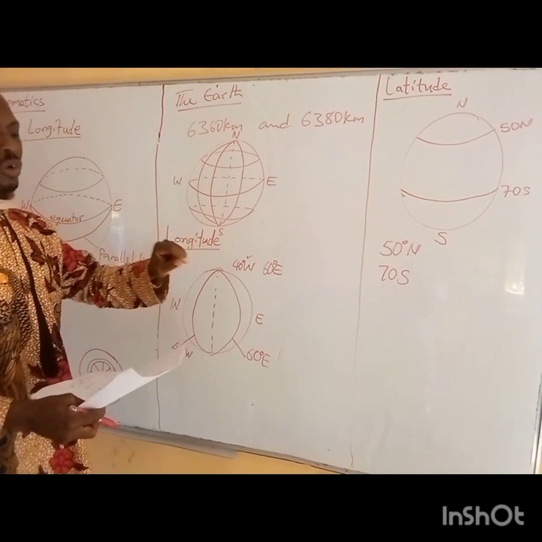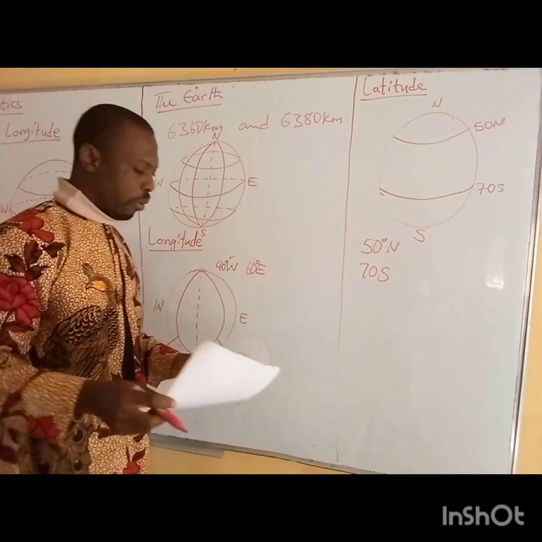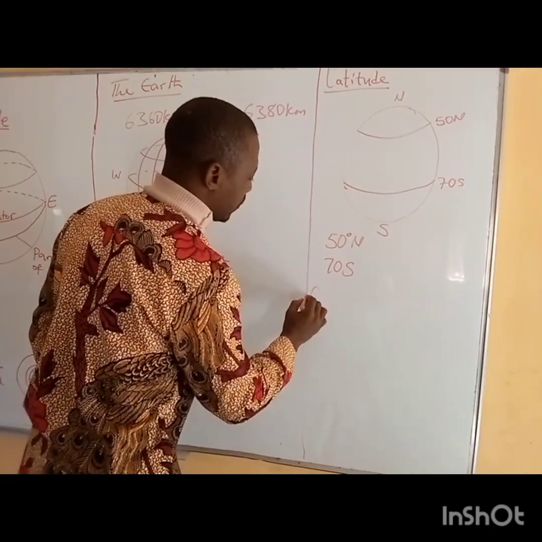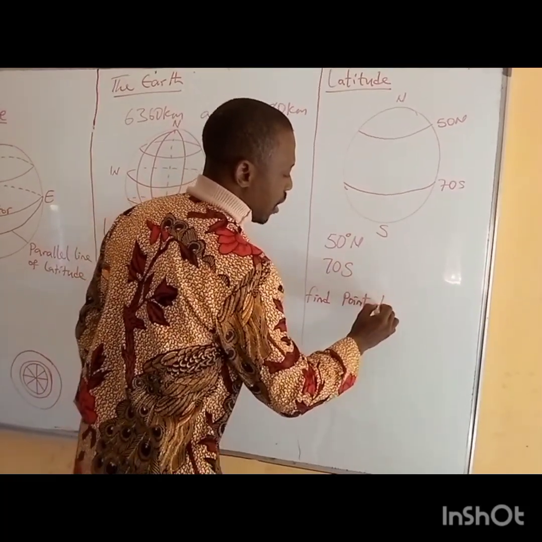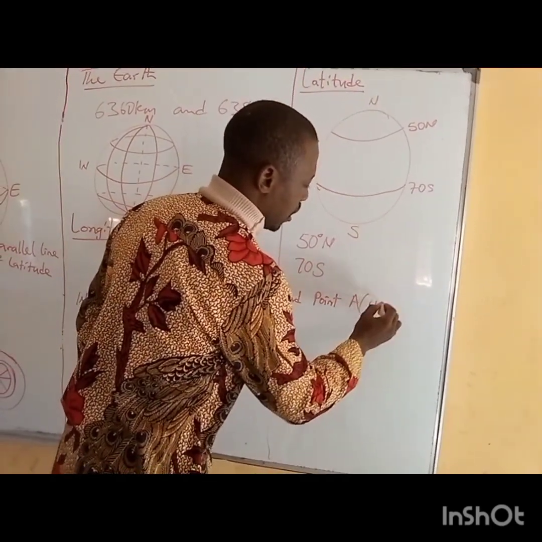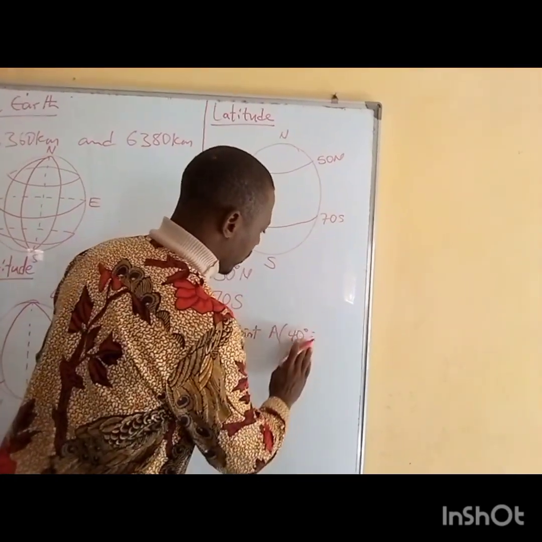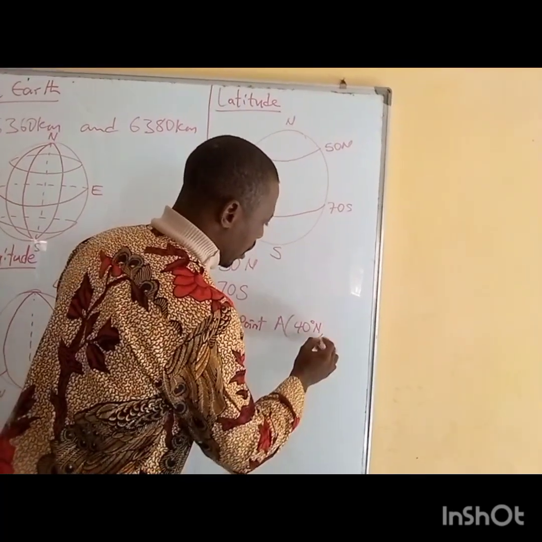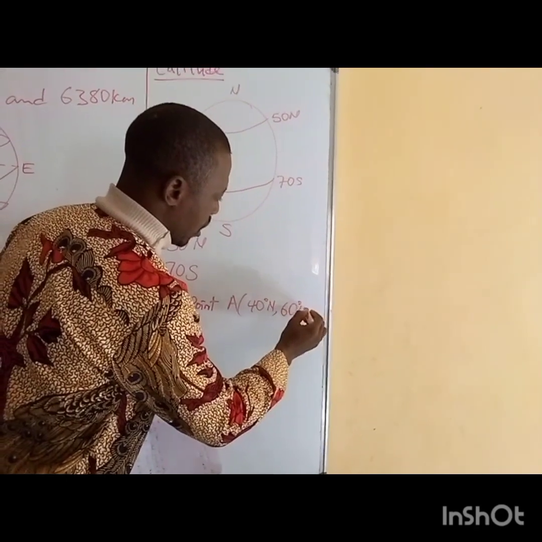Now, sometimes you'll be asked to describe a point on the surface of the earth, and they will give you a point like point A. For instance, find point A with 40° north and 60° east.